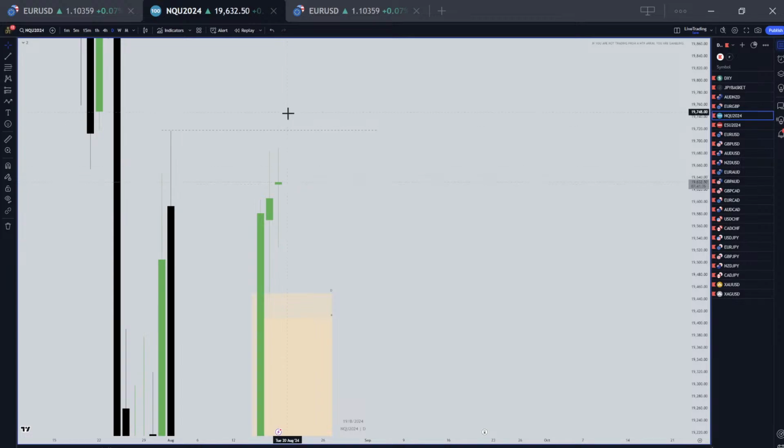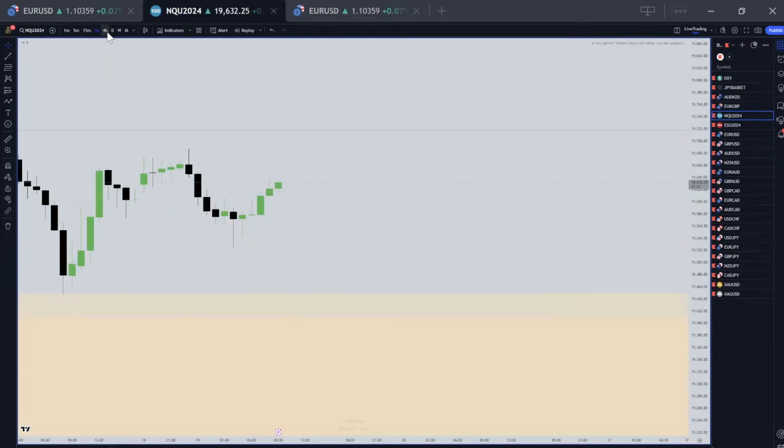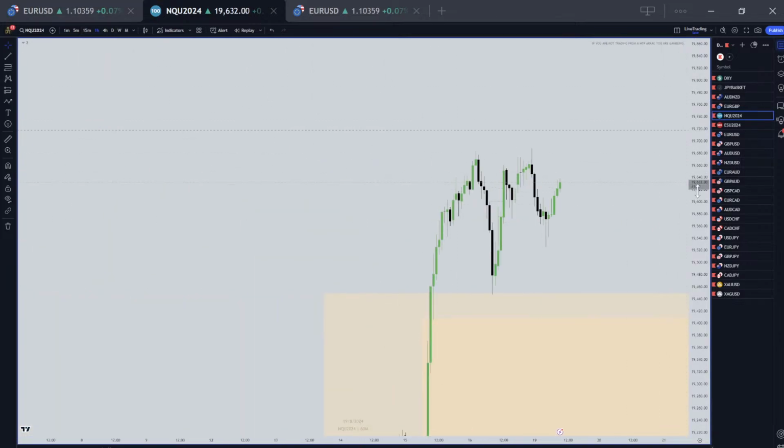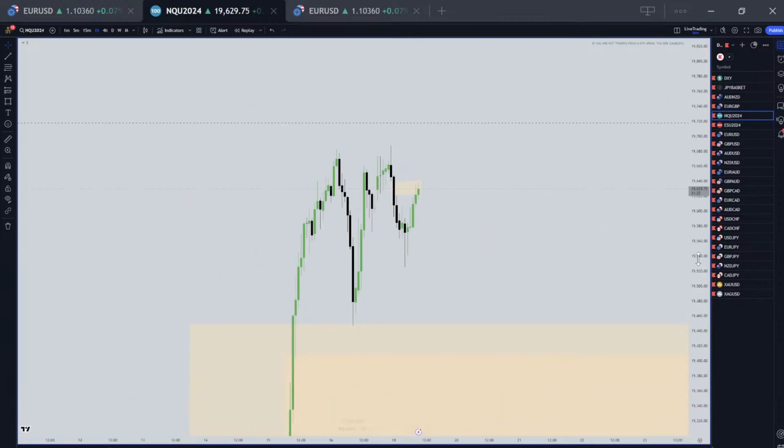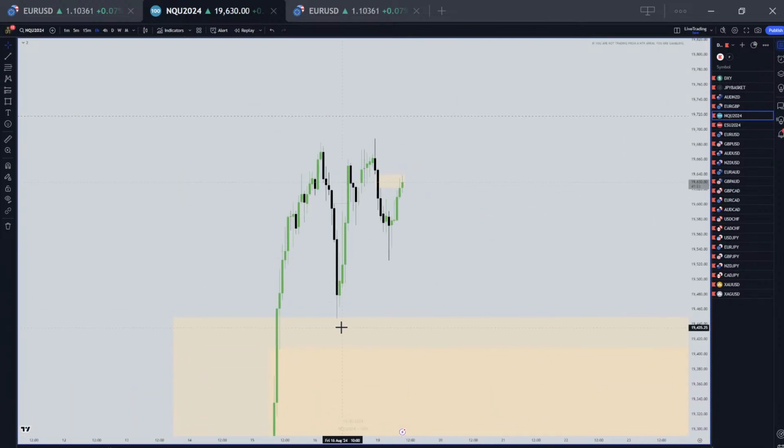Nice little doji here currently on NQ. Okay, so what I actually hope is now going to happen, that we are going to sell off from here towards the low.